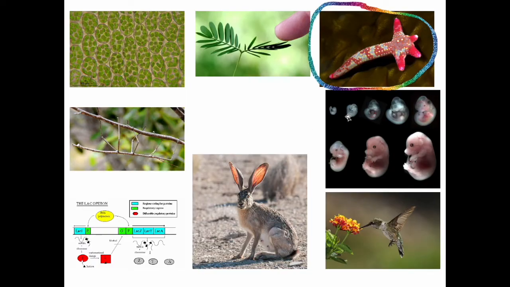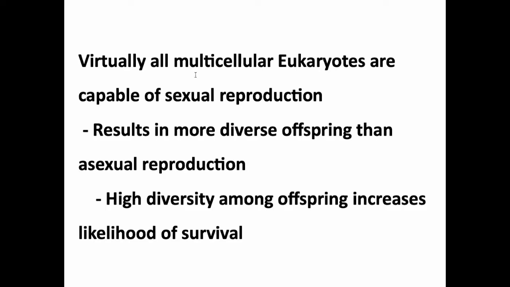So here's a slide from the very first day of class. Reproducing was something that all living things did. This was an example of asexual reproduction, but now we're going to focus on sexual reproduction. So virtually all, there are some exceptions, but virtually all multicellular eukaryotes, plants and animals, are capable of sexual reproduction.